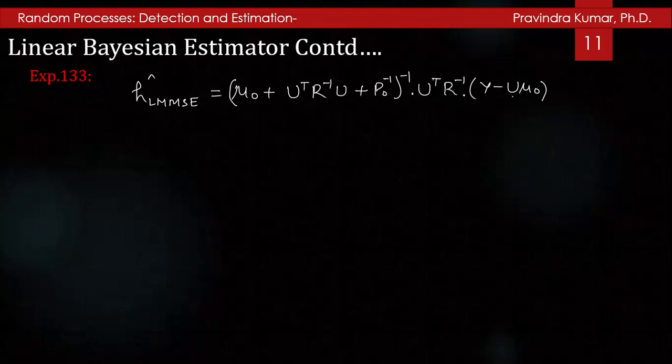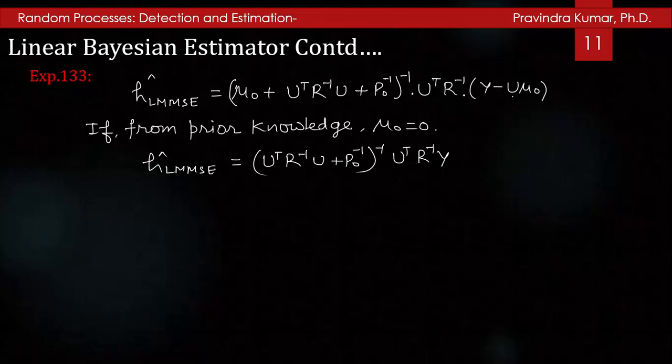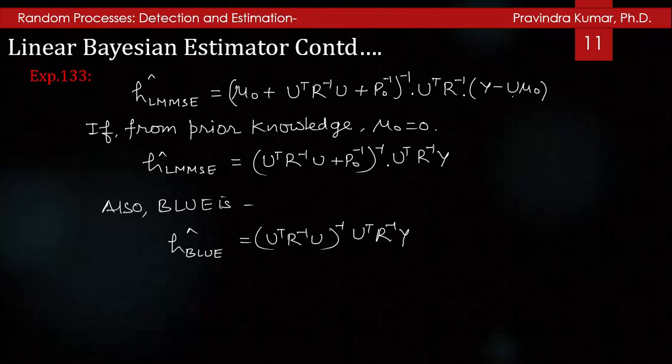If the prior knowledge is constrained as mu naught equal to 0, then H cap LMMSE will be equal to the inverse of the matrix U transpose R inverse U plus P naught into U transpose R inverse Y. And if you find the best linear unbiased estimator, the BLUE will be equal to the inverse of the matrix U transpose R inverse U into U transpose R inverse Y. So in the MMSE criterion for the Bayesian framework, the variance of the estimator and the squared bias are weighted equally.